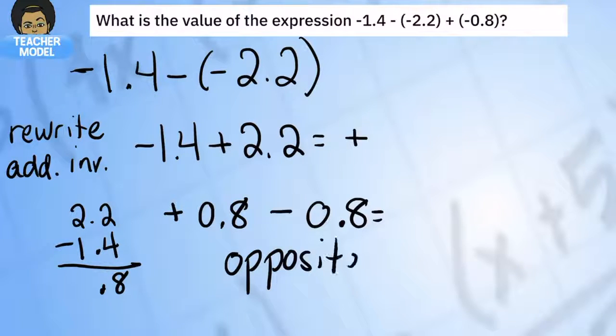This doesn't always happen, but this is an awesome thing that it happens because we know when two opposites are added together, when I have a positive and a negative, I know that I'm going to get 0. I know this is true. If I have 8/10 and I take away 8/10, I'm just going to have 0.